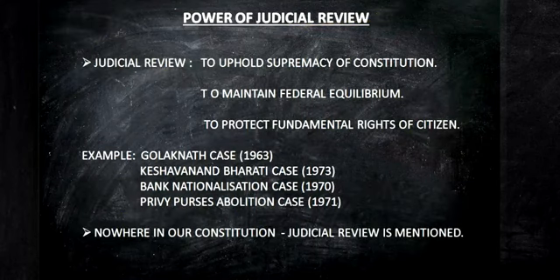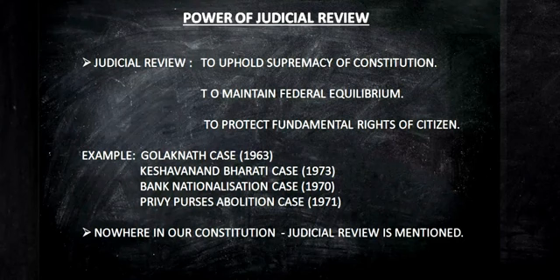So the provision of judicial review is given in our constitution, but why? What is the need of judicial review? There are certain reasons. The reasons are, so as to uphold the supremacy of the constitution, that means no government or public authority has the power to override the constitution.